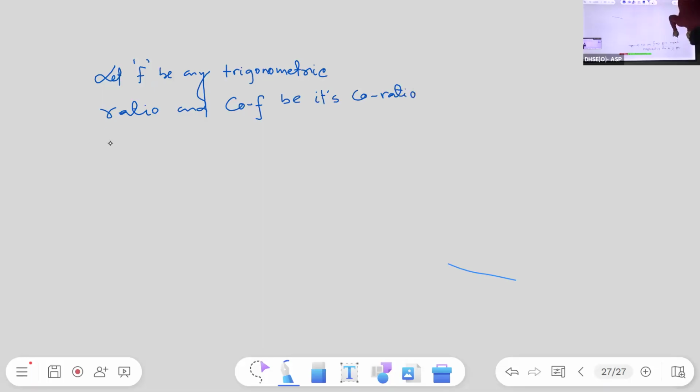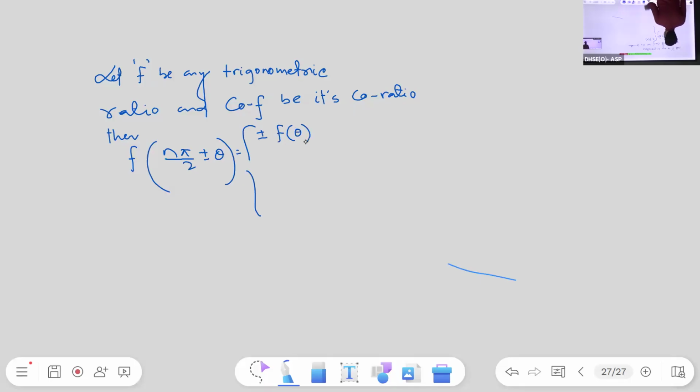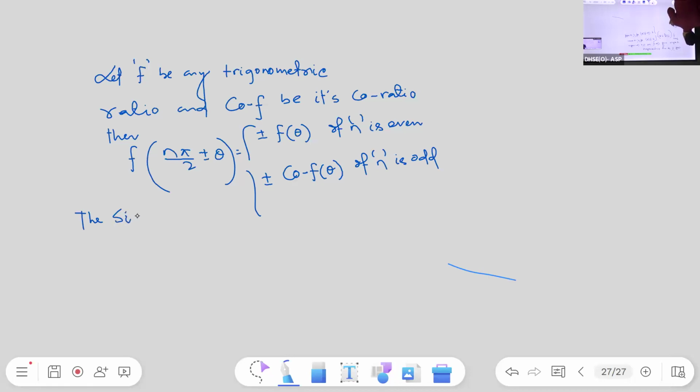Then f of n pi by 2 plus or minus theta equals plus or minus f of theta if n is even, and plus or minus co-f of theta if n is odd.